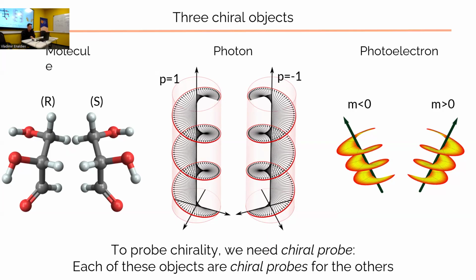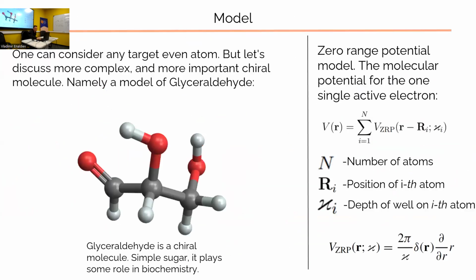And we have the photoelectron, which again is a chiral object. And it is known that to probe the chirality of something, we need to use some chiral probe. And the idea is that each of these objects can be used as a chiral probe for the others. But intuitively, if you are using the dipole approximation, it feels like the photon polarization should not play any role. No, it does play a role, because let me get back.